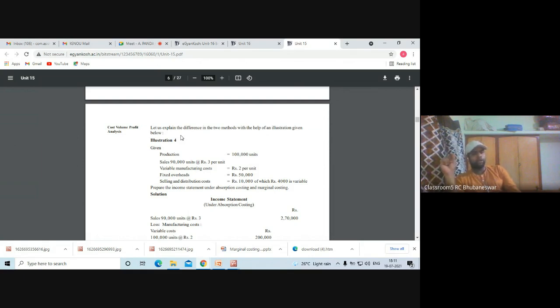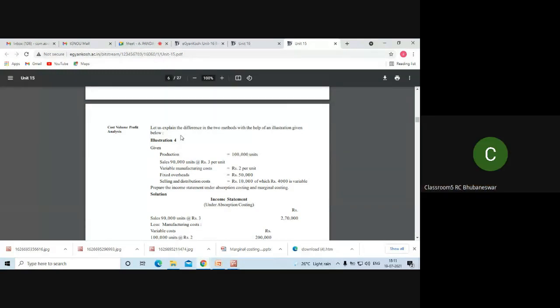This is variable. Next, fixed overhead cost, it is also there. It is fixed at 50,000 rupees. Then selling and distribution cost, it is given 10,000, of which 4,000 is variable and remaining 6,000 is fixed. So prepare income statement under marginal costing and also under absorption costing.